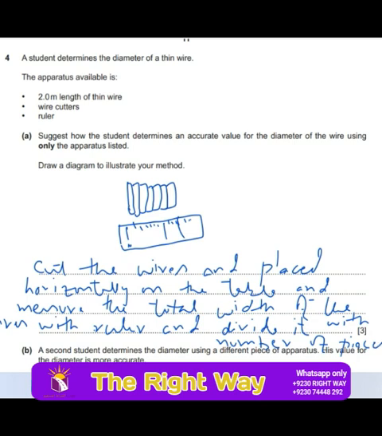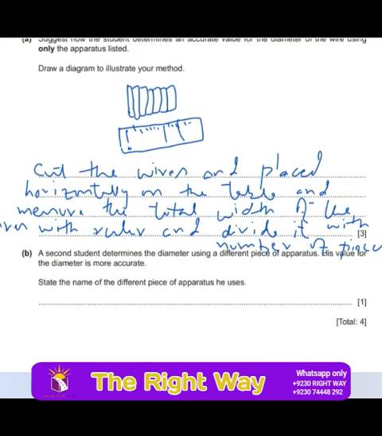If you have 5 pieces, then divide it by 5. If you have 10 pieces, divide it with 10. If you have 6 pieces, divide it with 6.